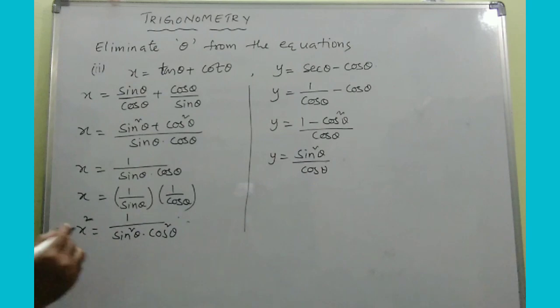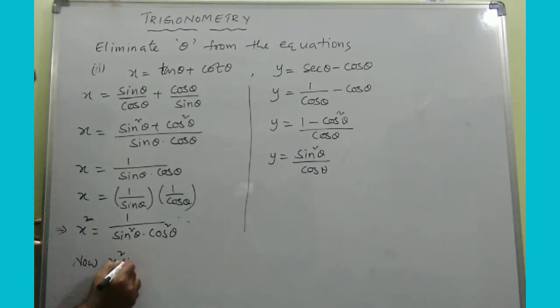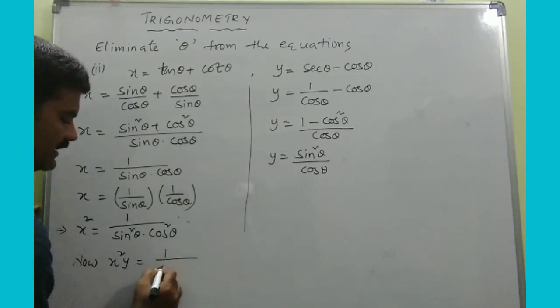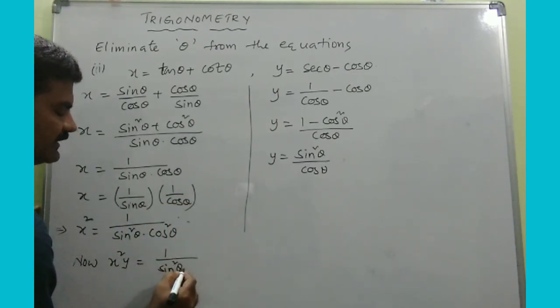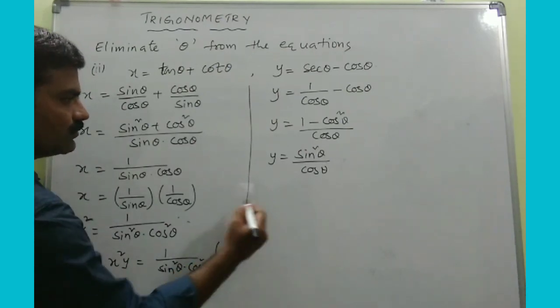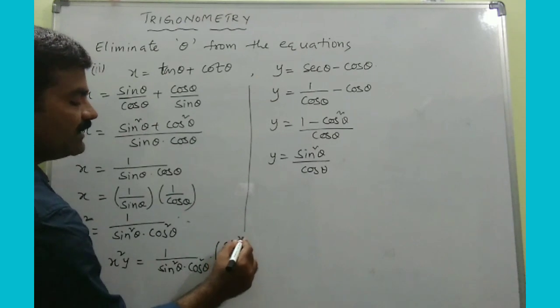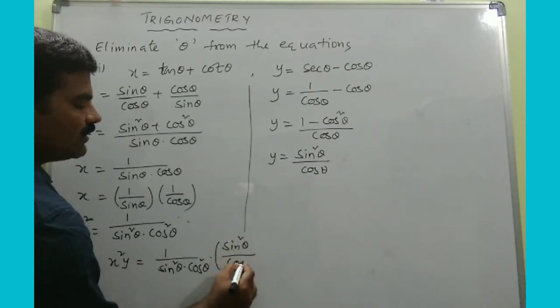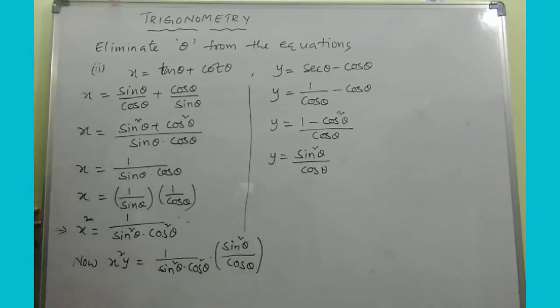Okay, fine. Now I just want to go for x square into y. These two I want to multiply. So what is x square? 1 by sin square theta into cos square theta, into the y value, sin square theta by cos theta. Fine.